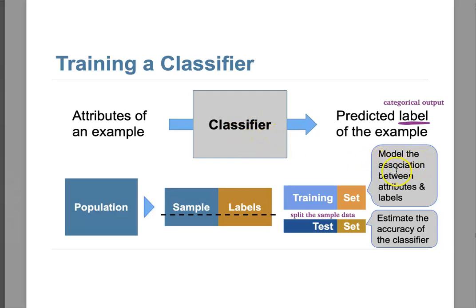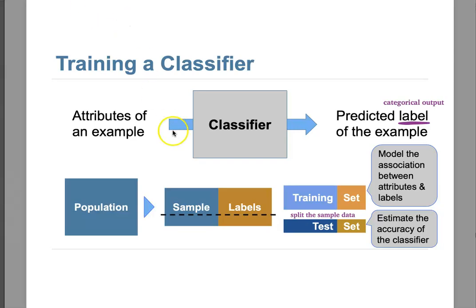So the model associates the attributes with the label. The model or the function classifier we use, we don't reveal to the outside.